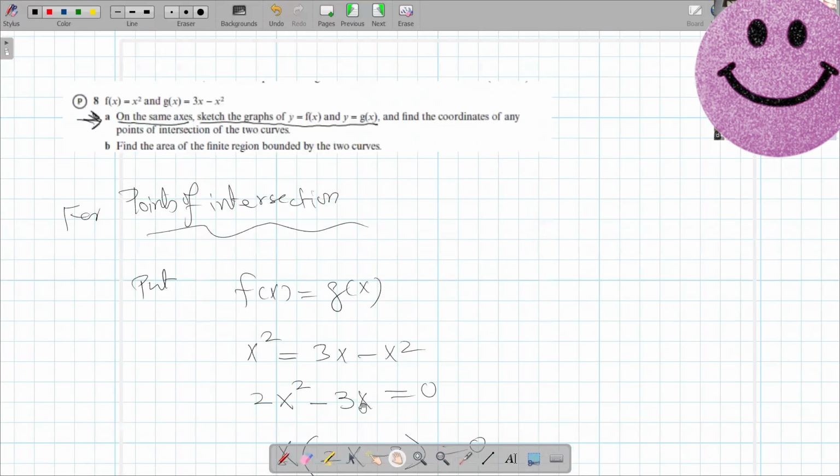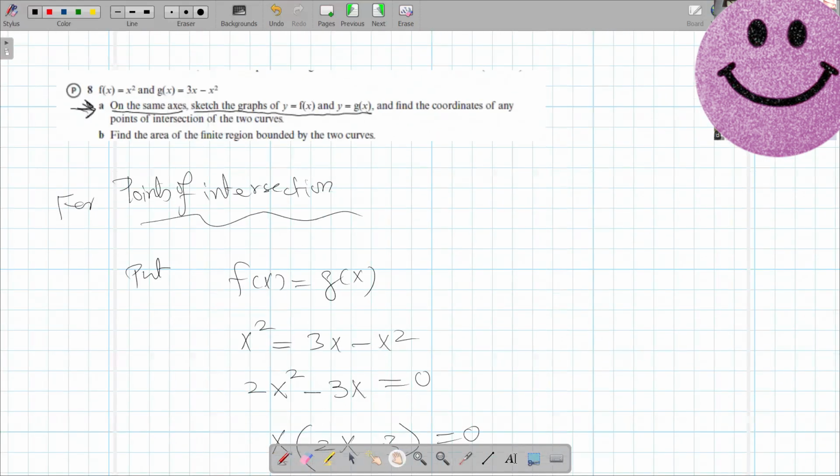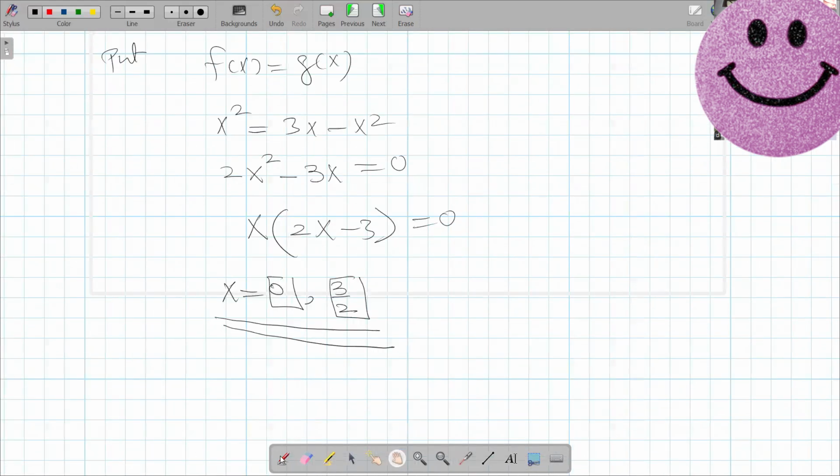So you can solve it without sketching as well. How to solve it without sketching? Just tell me any point in between, in this interval from 0 to 3 by 2. Let's say x is 1. What is the value of the first function at 1 and what is the value of the second function at 1?